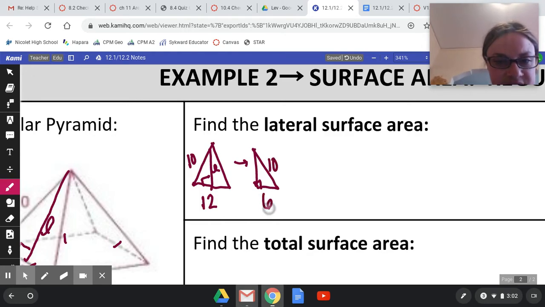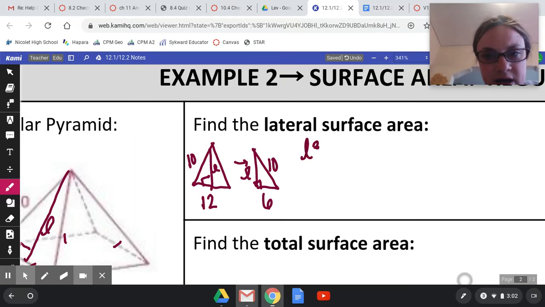This base, I cut the 12 in half, so that's 6, and my slant height is the height going there. So I am going to use the Pythagorean theorem to figure that out. Slant height squared plus 6 squared equals 10 squared. You can also recognize that this is a Pythagorean triple. My slant height is 8.